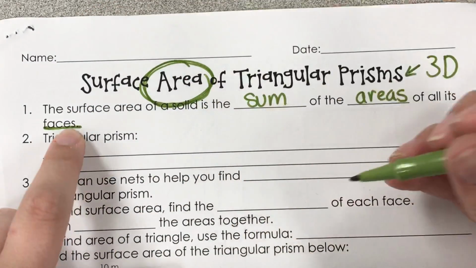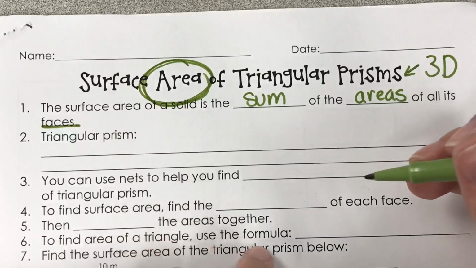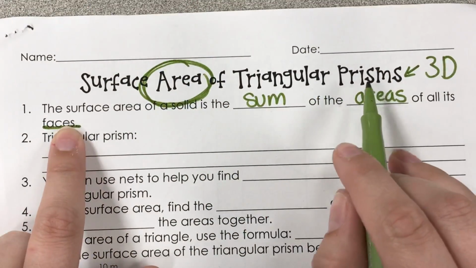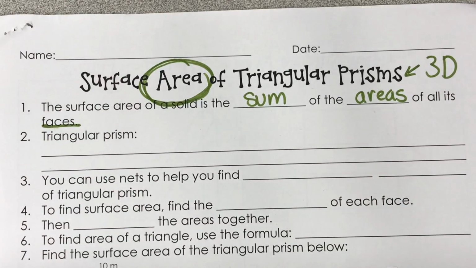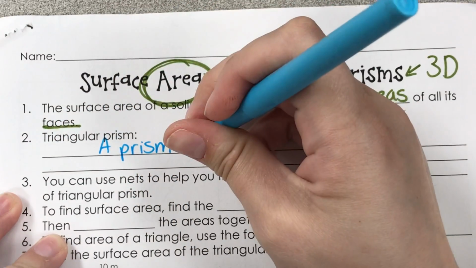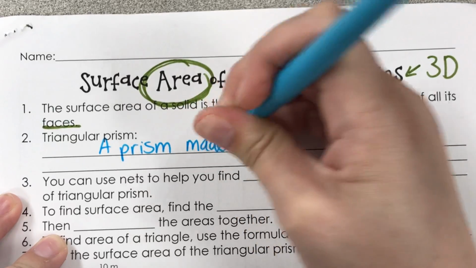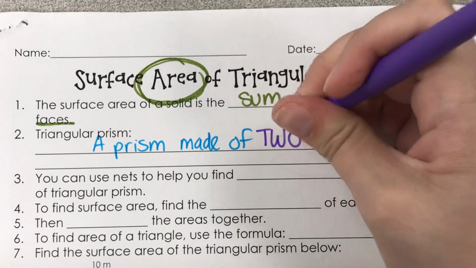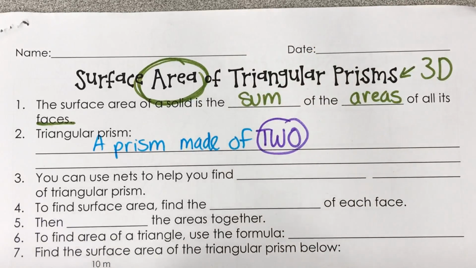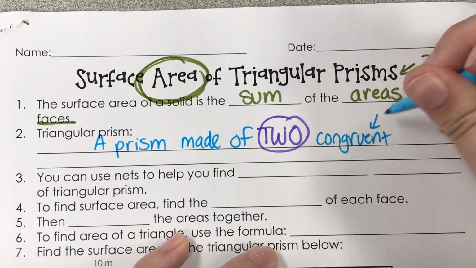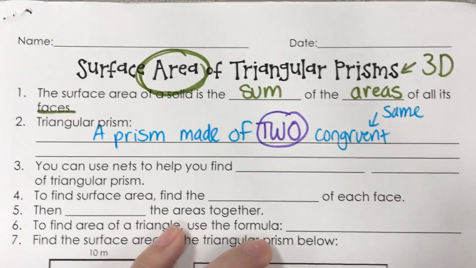Now this is key today, whereas when you did a rectangular prism, you were looking at just rectangular faces. There were 6 sides. Whereas a triangular prism, they have something unique about this particular shape. It is a prism made of 2 congruent, which means they look exactly the same size and shape.